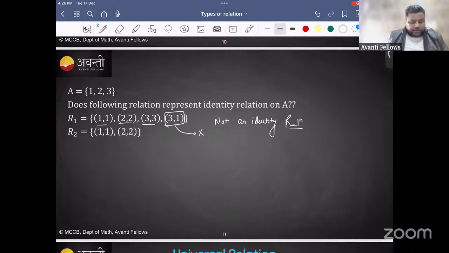Understood? This is also not an identity relation because 3 is not related to 3. Identity relation is what?